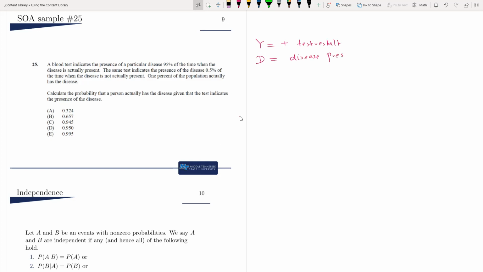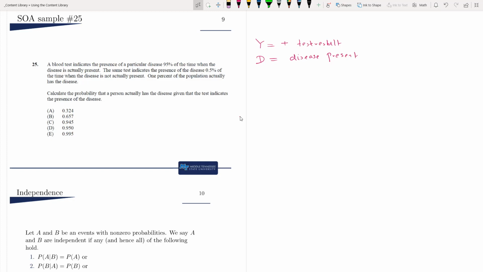To get a positive test result, the disease doesn't have to be present. For example, when you test for COVID, sometimes you may get a positive COVID test result even though you don't have COVID. So it is possible to get a positive test result without the disease.